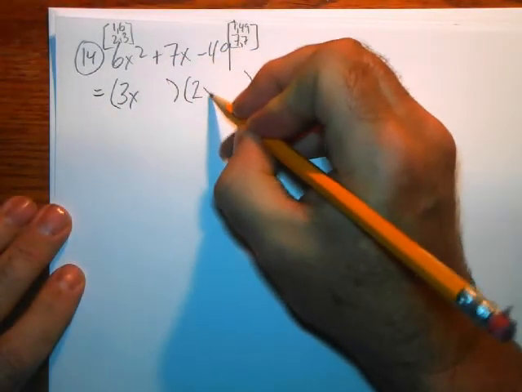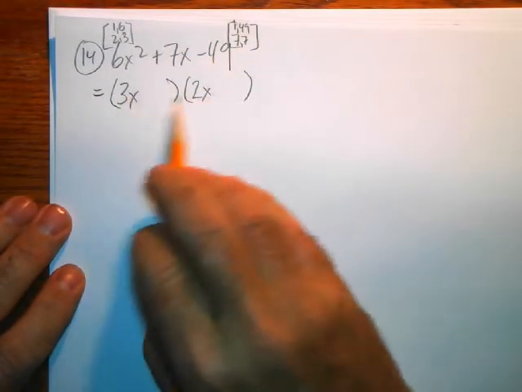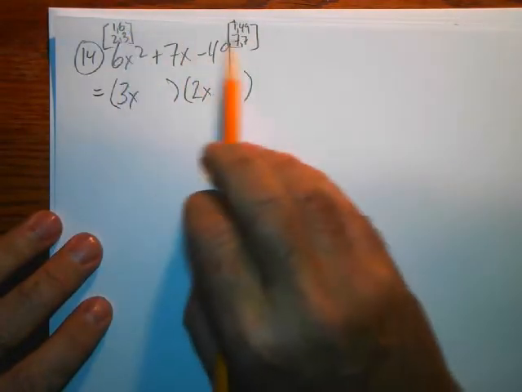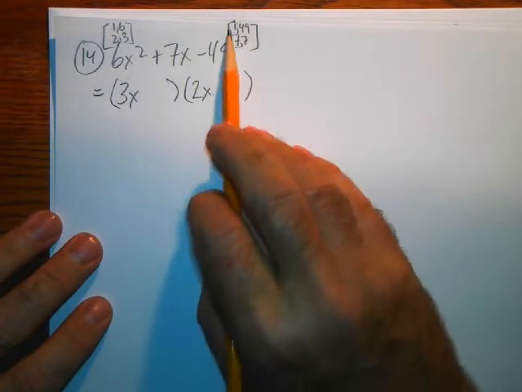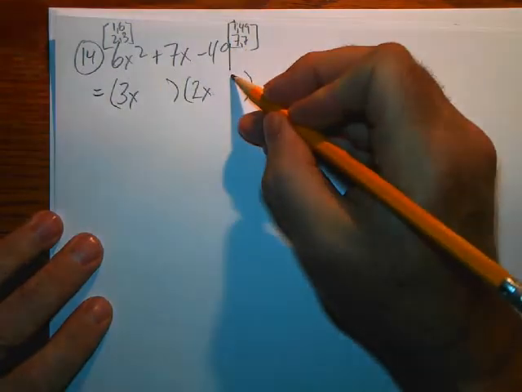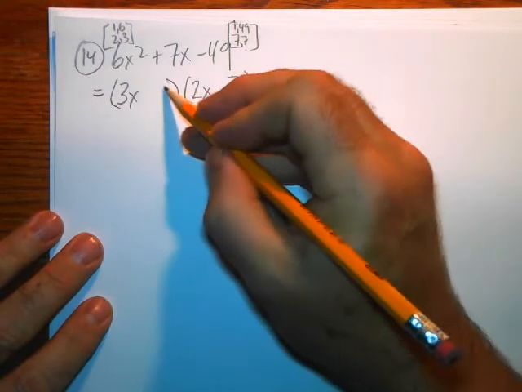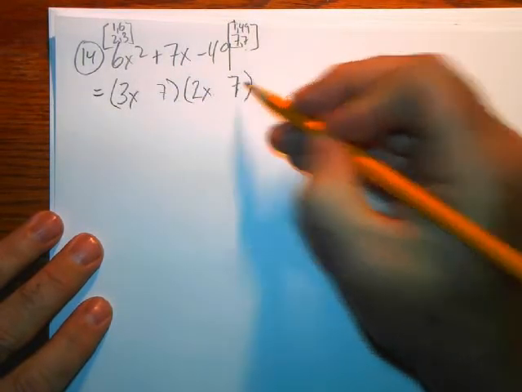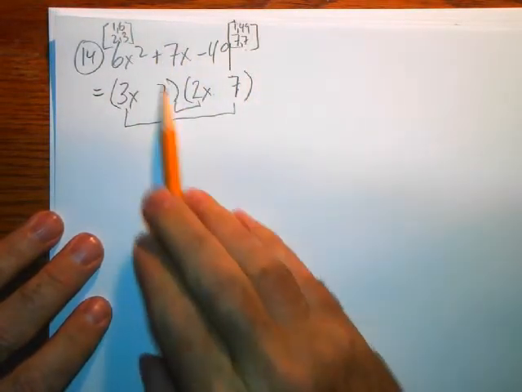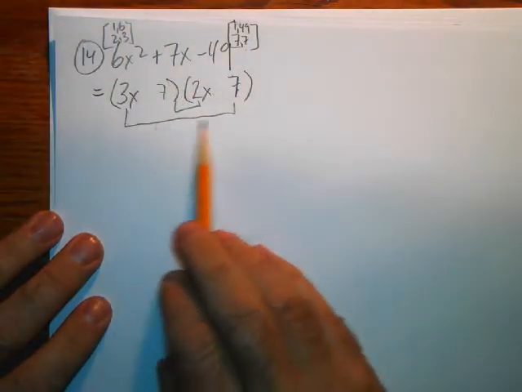And then for the other numbers, they're going to come from here, and we're going to do the 7 and the 7 because they're closest together. So lightly pencil them in, and then do your outside-inside multiplications to try to get the positive 7x. So here I get a 21 on the outside. Here I get a 14. So can I create a 7 from a 21 or 14?